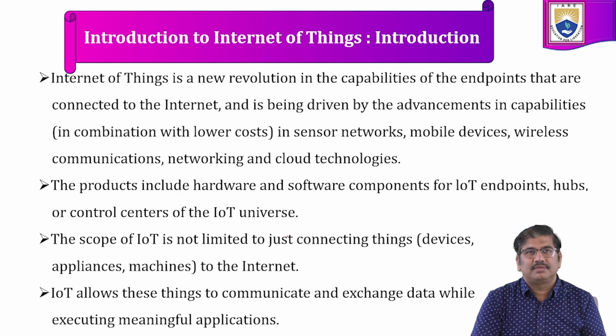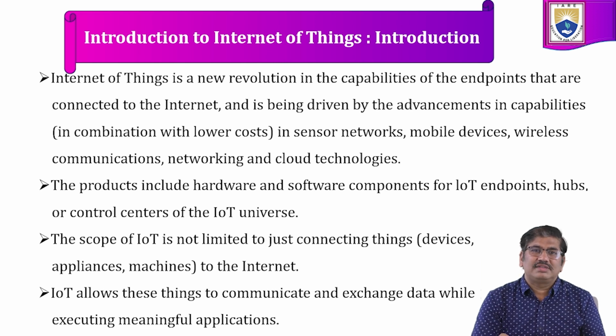IoT universe. The scope of IoT is not limited to just connecting things like devices, appliances, or machines to the internet. Apart from that, the sensors which act as end nodes will sense physical parameters like humidity and temperature. These will be sent to the cloud through some communication protocols.